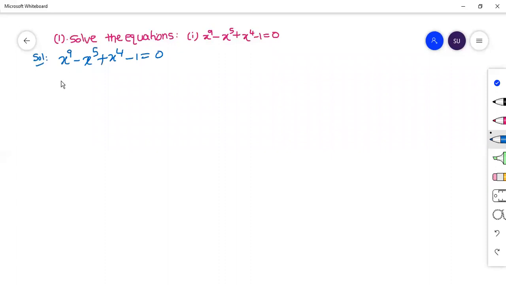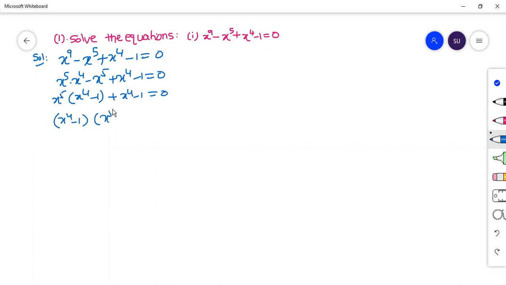Can I write x^9 as x^5 into x^4, minus x^5 plus x^4 minus 1 is equal to 0. Take x^5 outside. So what remains is x^4 - 1, plus x^4 - 1 is equal to 0. Now take x^4 - 1 out common, and x^5 + 1 is equal to 0.